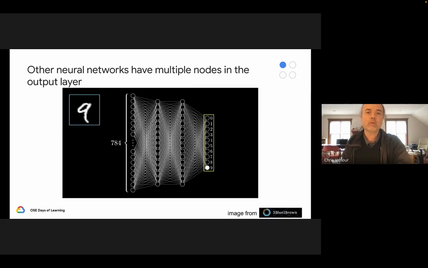For example, a neural network that recognizes handwritten digits will have an output layer with 10 nodes, not just one node. And each of those nodes represents one of the digits. So in this case, each node in that output layer outputs a number which represents how much the neural network thinks the digit is a 0 or a 1 or a 2 or a 3, etc.